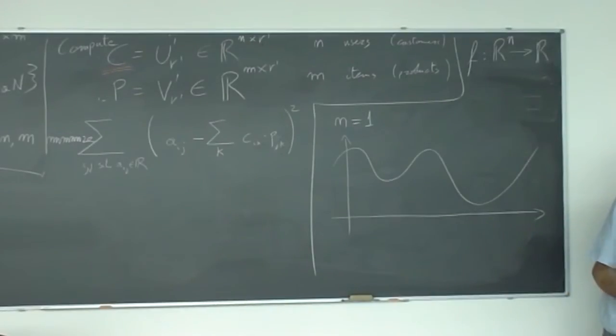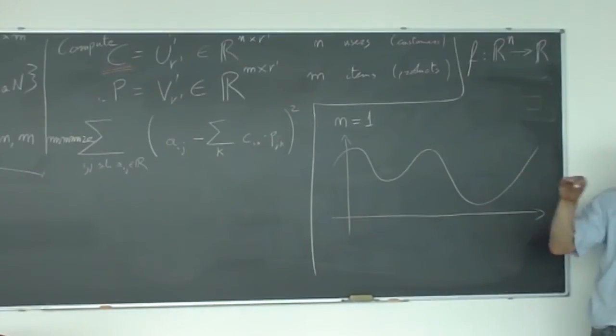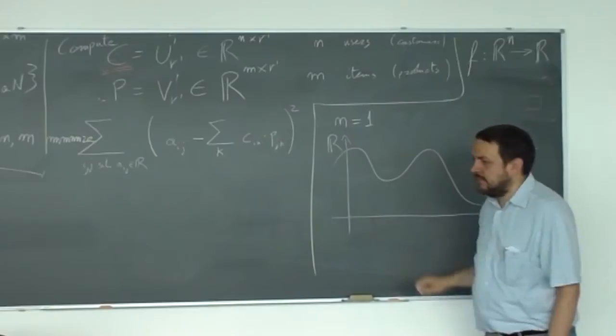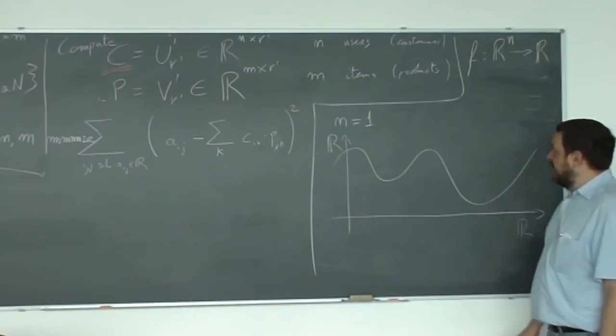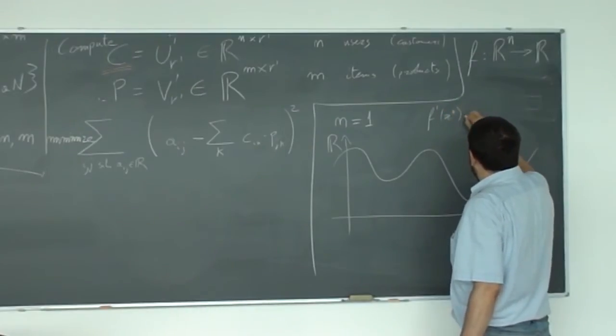How do you characterize a minimum of a function from R to R? Minima, like all other so-called stationary points, are points where the derivative is 0. First course of calculus. So for sure, if you want to minimize this function, you need to find a place where f prime of x star, let's call it your solution, is 0.